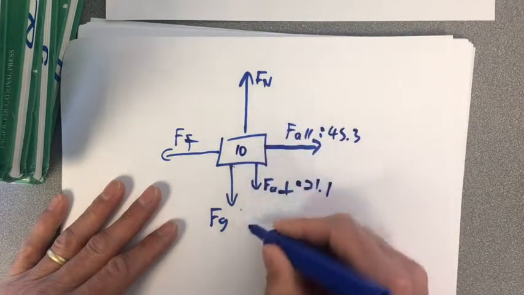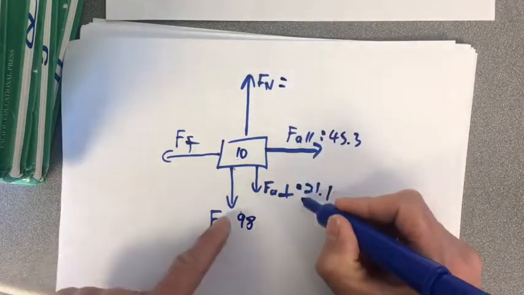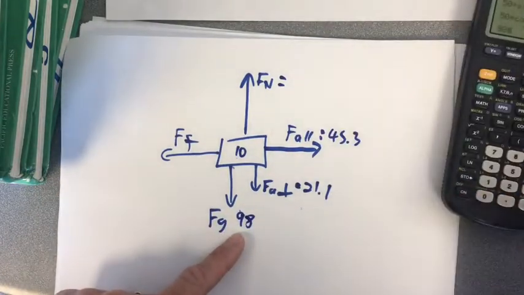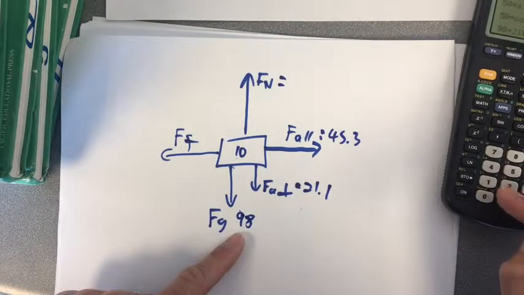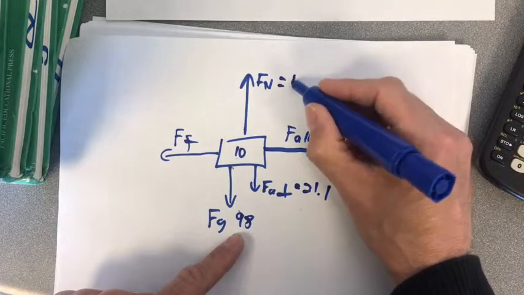Gravity, that's 10 kilograms, so gravity's 98. So now for the normal force, I'm going to add those two. So it's going to be 98 plus 21.1, 119.1.